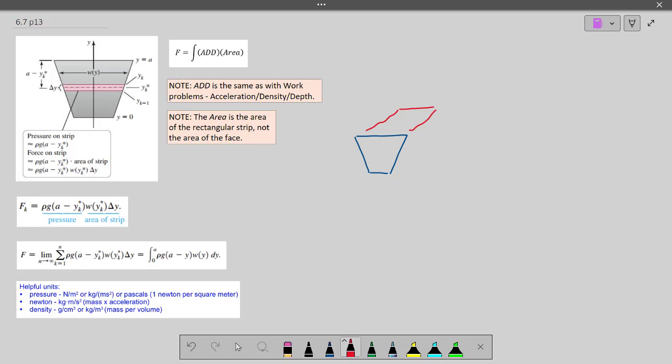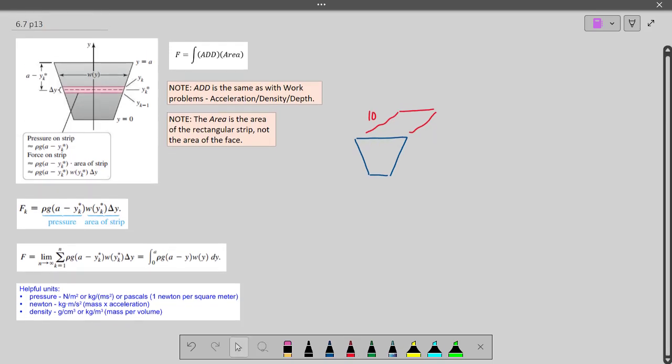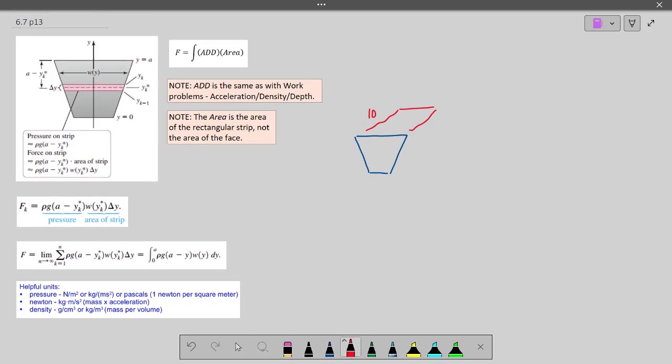Let's suppose the length of this water, the distance from the back edge to the front, is 10, whatever, meters, feet, it doesn't matter. So that's exerting a certain force on that dam wall. Okay. What if we extend this water further back? Let's suppose we dig more and extend another 10 back.